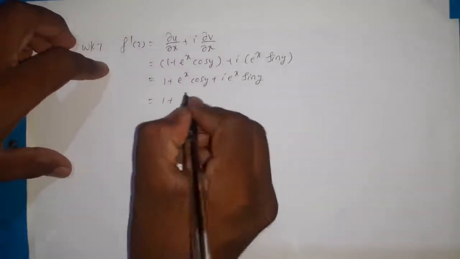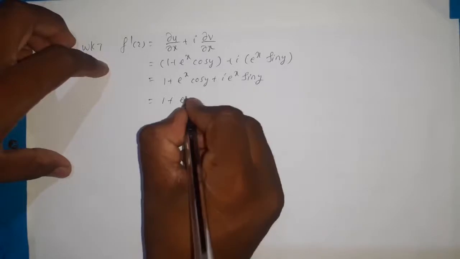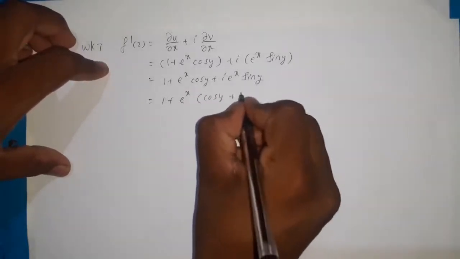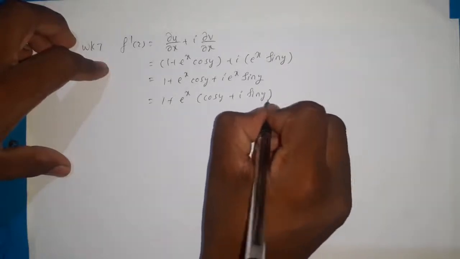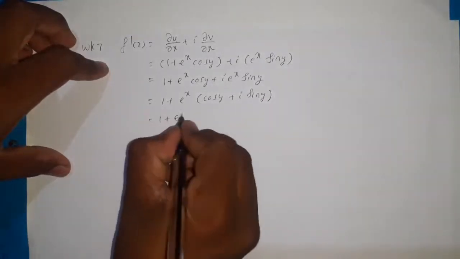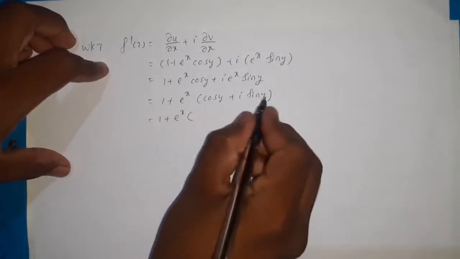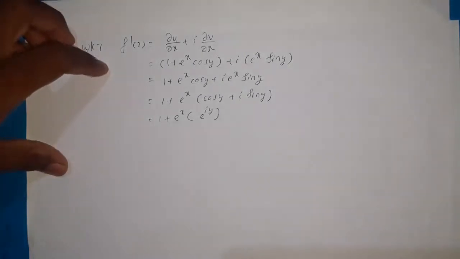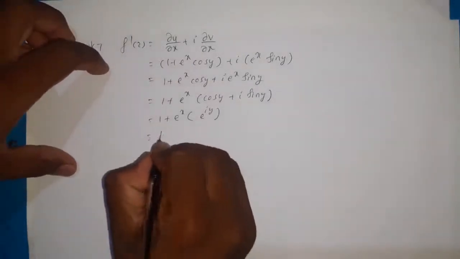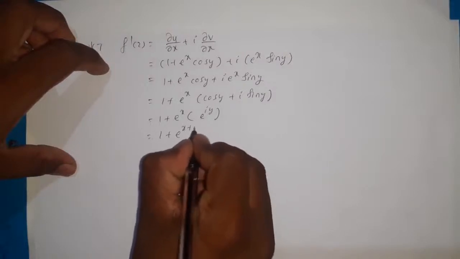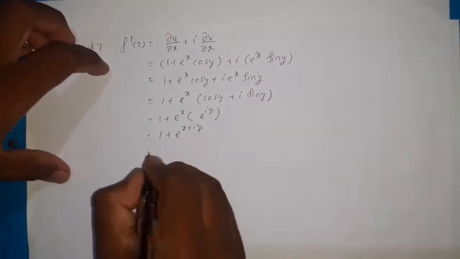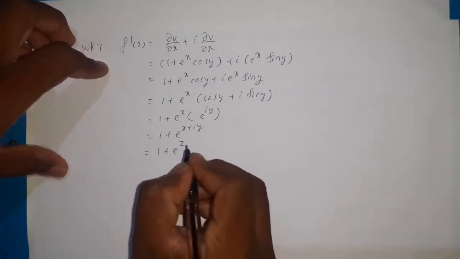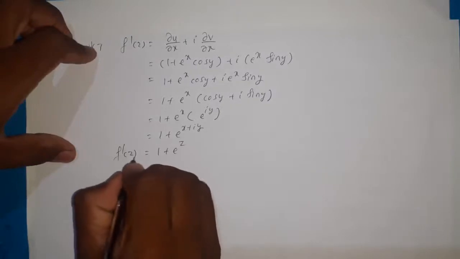In these two terms we can take e power x as common, then remaining cos y plus i sin y, and cos y plus i sin y can be written as e power i y by using de Moivre's theorem. Then it is 1 plus e power x plus i y, and we know that x plus i y equal to z. So, therefore, it is 1 plus e power z is equal to f dash of z.